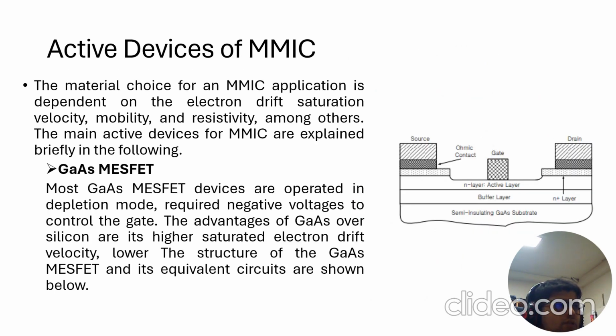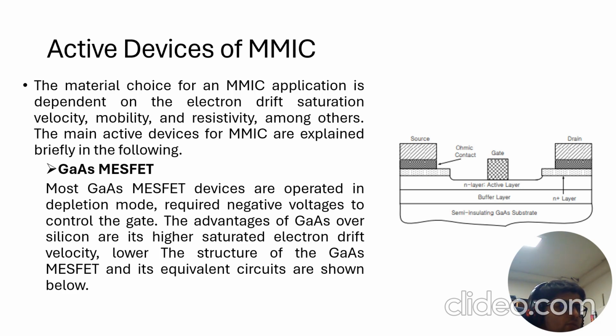Active devices of MMIC. The material choice for MMIC applications depends on the electron drift saturation velocity, mobility, and resistivity, among others. The main active devices for MMIC are explained briefly in the following.